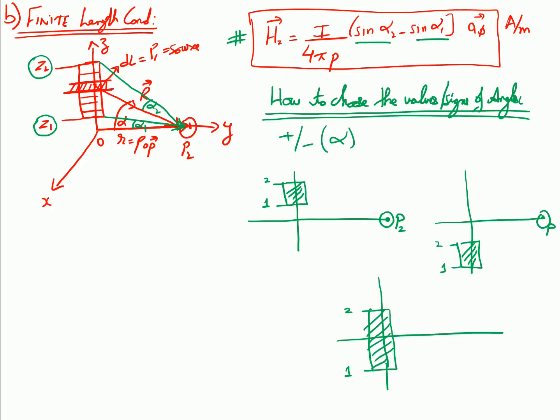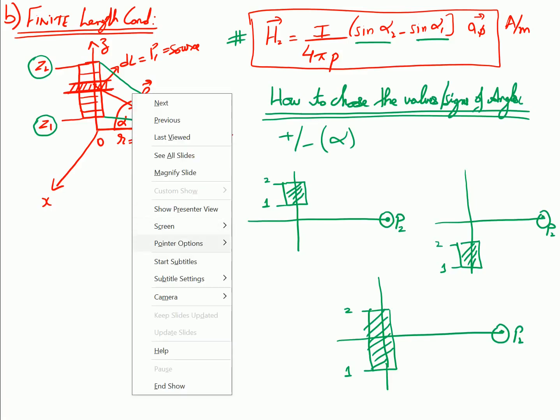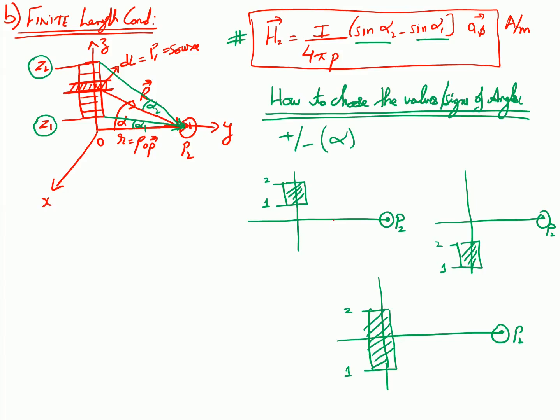Let us say point P2, as we have seen in our previous proofs. In order to find those points, we always consider this line as our reference line. The reference line is the perpendicular line which we draw from the source towards the point of interest where we want to find the magnetic field intensity. So these are all our reference lines.